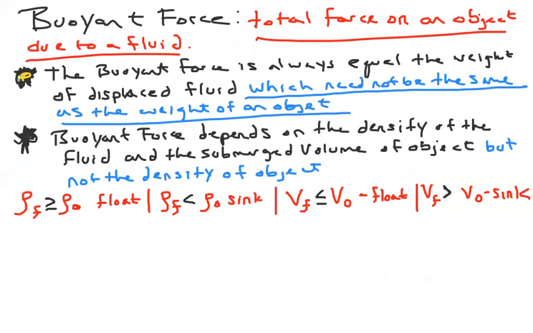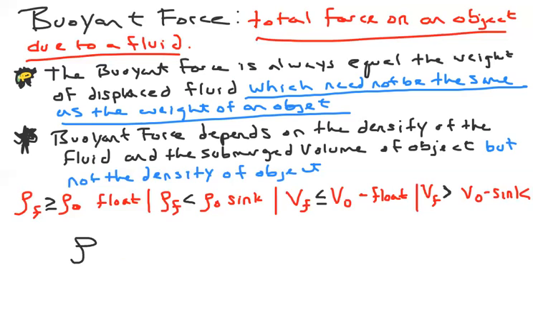So essentially, the relative density of the ship is less when compared to the density of the water, even though it's made of steel. The density per volume ratio, that's what I meant to say, is equal to that of water.